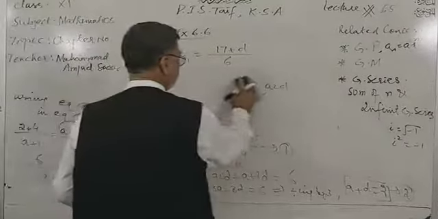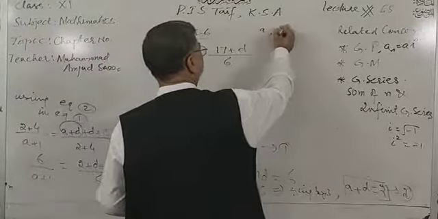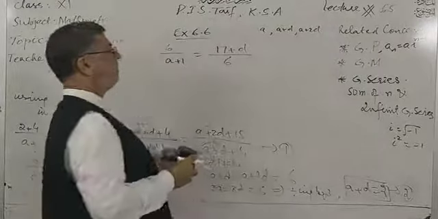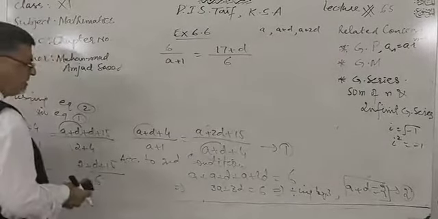These are the numbers A, A plus D, A plus 2D. These are the three required basic numbers.